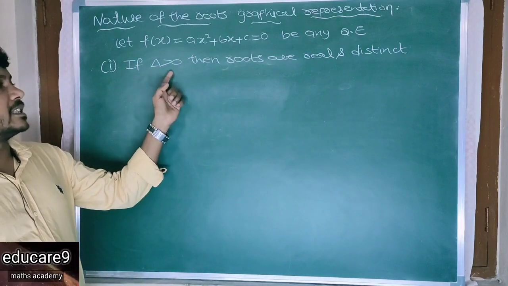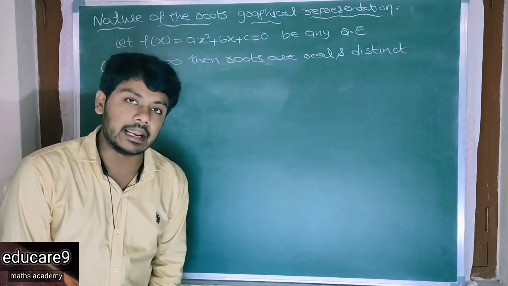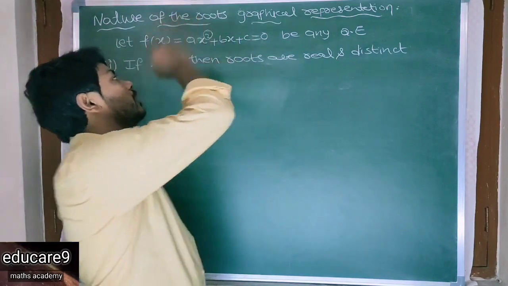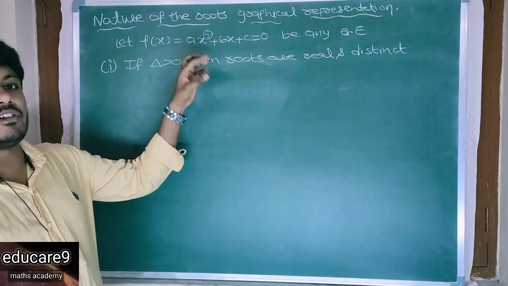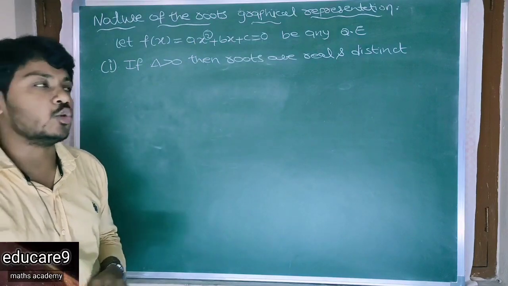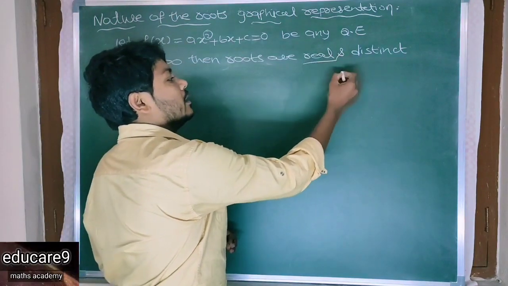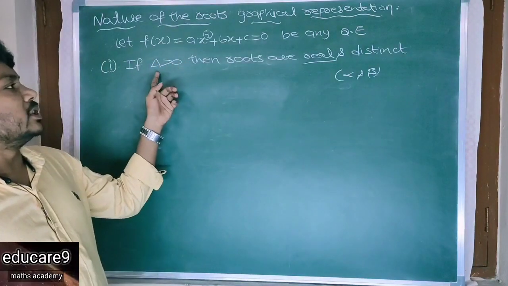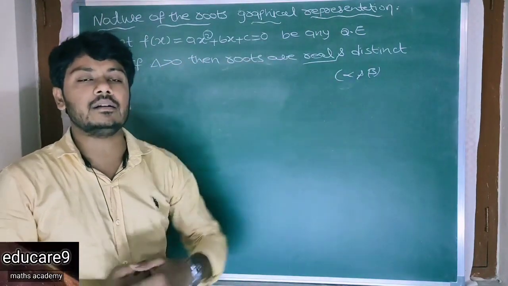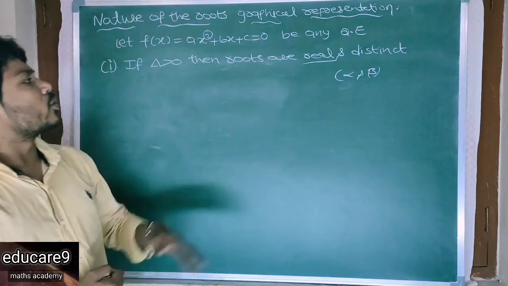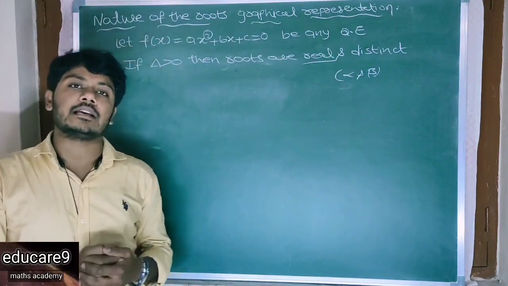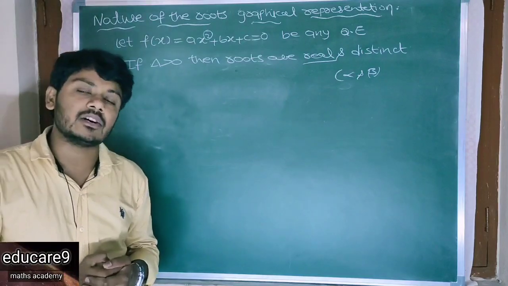Here the degree of the given equation is 2, so you will get 2 roots, alpha and beta, and when delta is greater than 0, both roots are real and distinct. Roots means the given graph touches the x-axis, and that point is called a root.